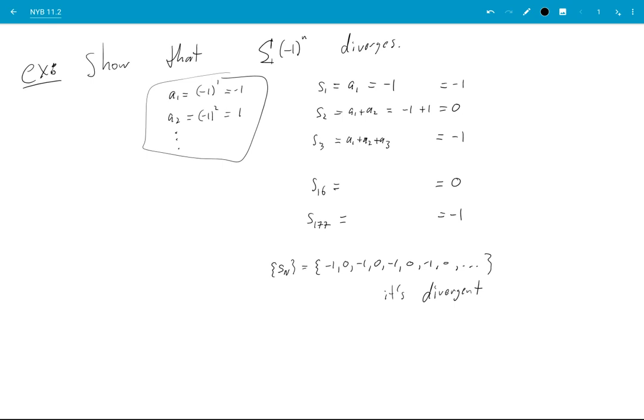Okay, so it's divergent. So therefore, by the definition given above, summation of (-1) to the n is divergent as well.